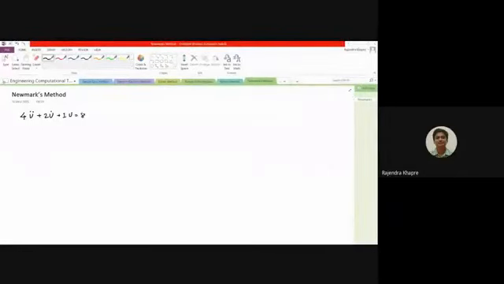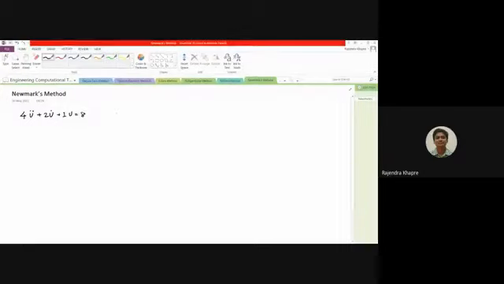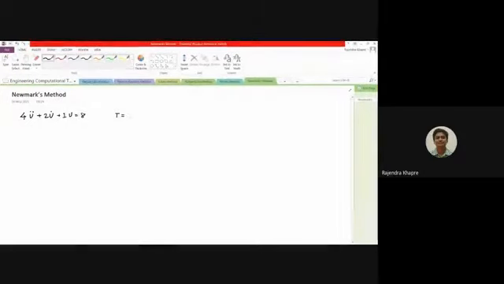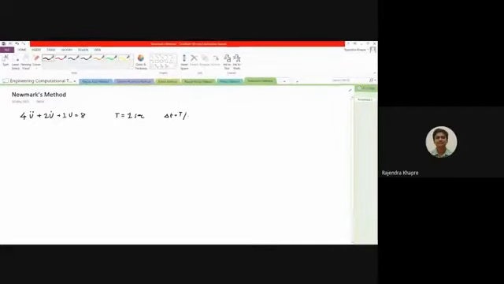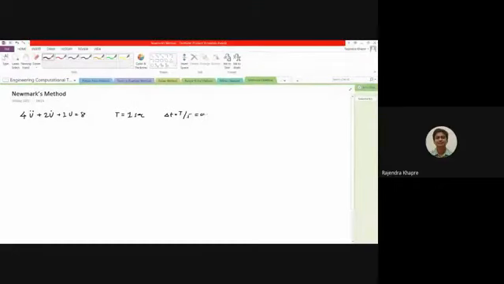The time period T was given as 1 second, and delta t is capital T divided by 5, which comes out to be 0.2 seconds.